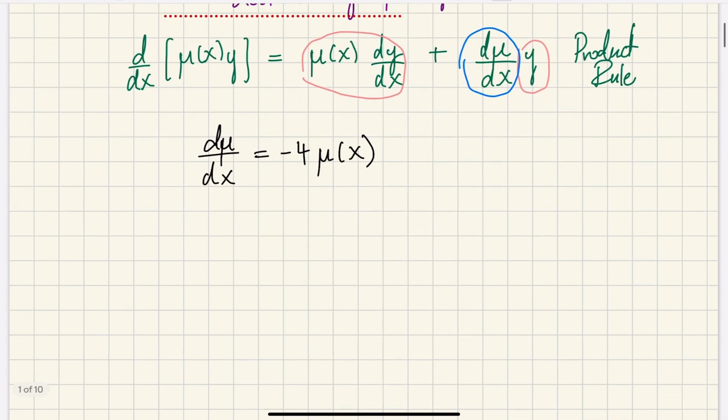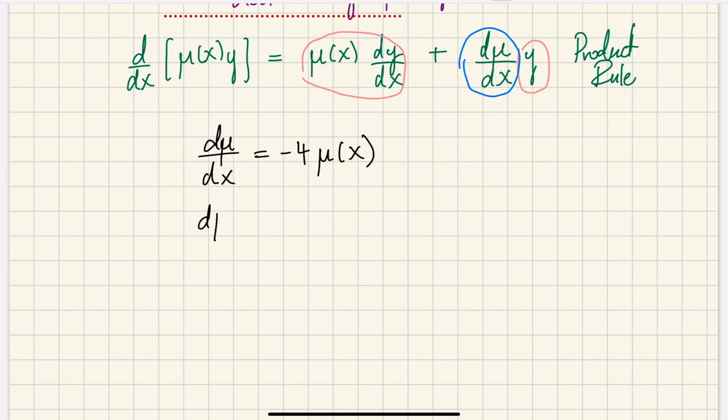This equation is separable, and you can solve it by separation of variables. If you don't know what that is, you can check out my last video. So we're going to integrate both sides. Sorry, we haven't separated the variables yet.